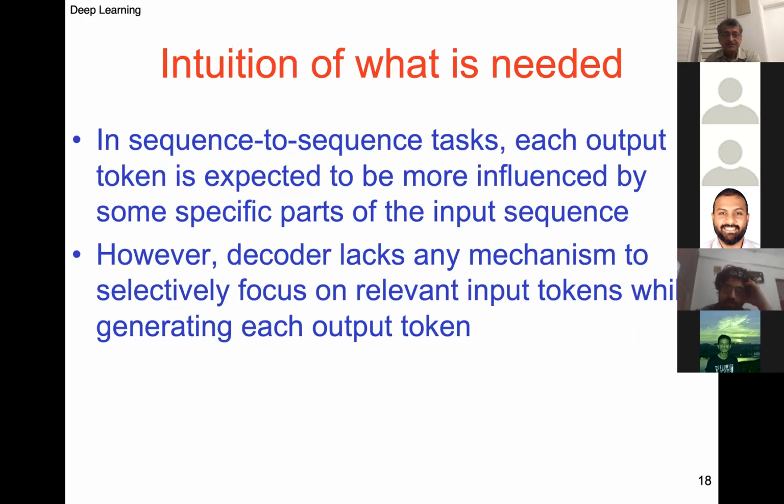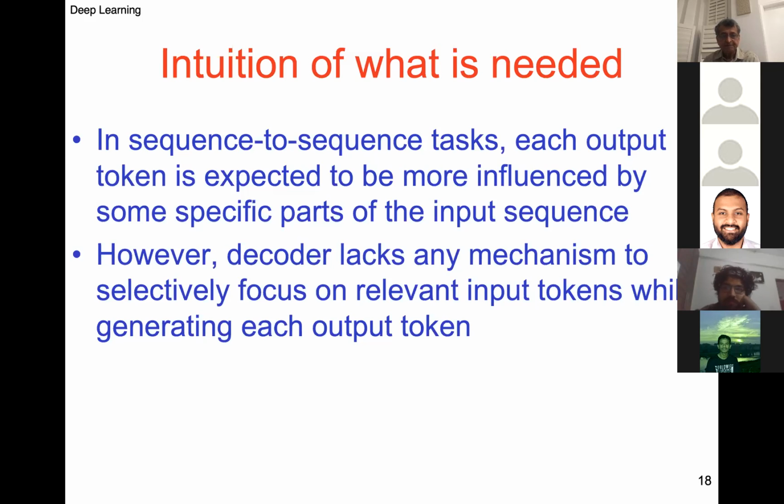Intuition of what is needed. This idea of using RNNs to do machine translation was being used, and it did pretty well, but it was still falling short. In sequence to sequence tasks, each output token is expected to be more influenced by some specific parts of the input sequence. However, the decoder lacks any mechanism to selectively focus on relevant input tokens while generating each output token.